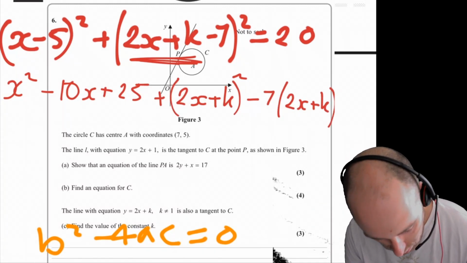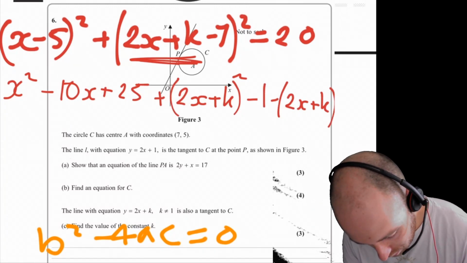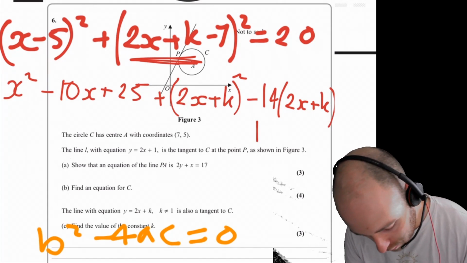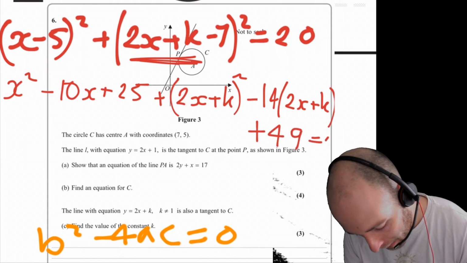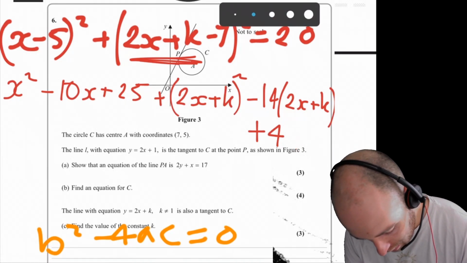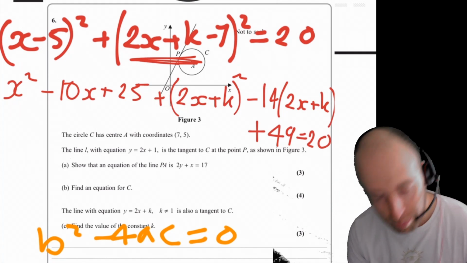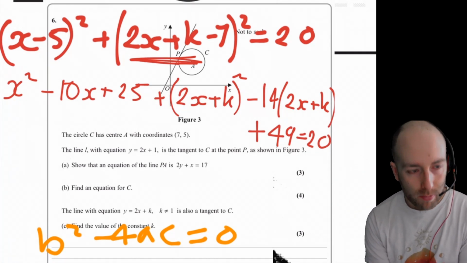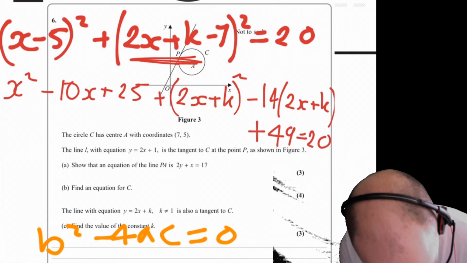We're going to get two of those terms, so instead of 7, I'm going to write minus 14. Then on the end, we're going to get plus 49 equals 20. So that's just from expanding it. We'll go down to the next layer and expand the other brackets as well.